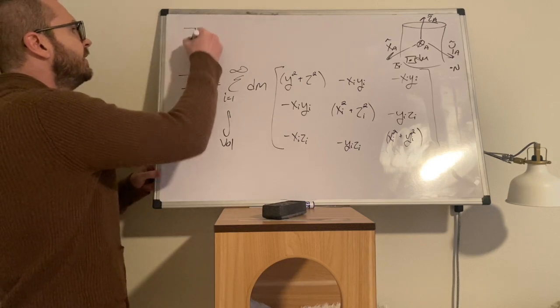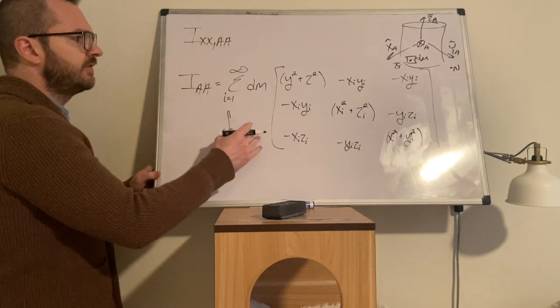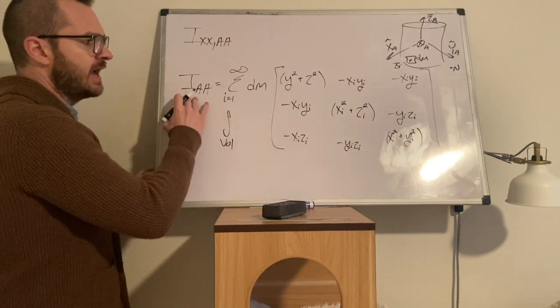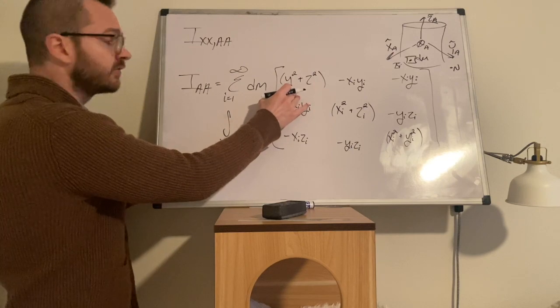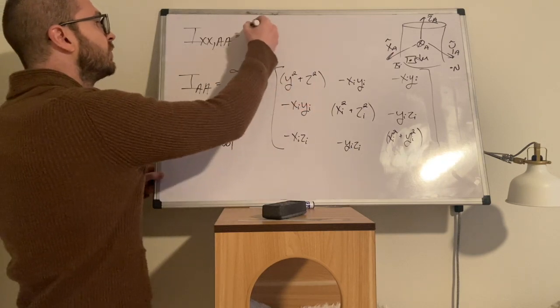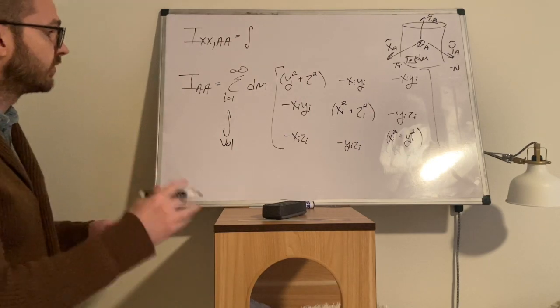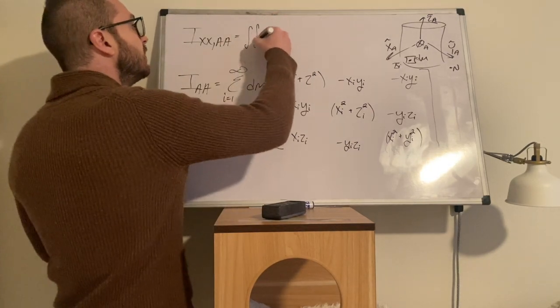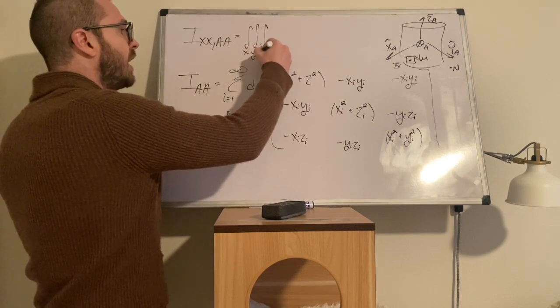What if we wanted the Ixx term out of this, let's say this is the AA inertia dyadic. If we want this Ixx term, that's this first one, this is going to equal, and again, let's suppose that we're doing Cartesian coordinates. It's the triple integral over the volume, so over the x, y, and z bounds.